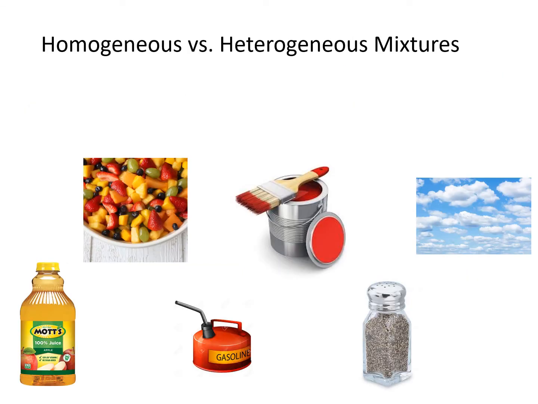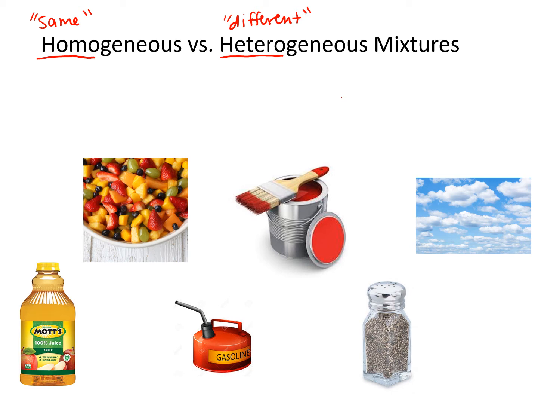We have homogeneous mixtures and heterogeneous mixtures. The difference between these two words comes from the prefixes at the beginning. This prefix homo means same or like, and this prefix hetero means different. You may remember these prefixes from your biology classes when you learned about homozygous alleles, which is when you have two of the same alleles, versus heterozygous alleles, where you have two different alleles.